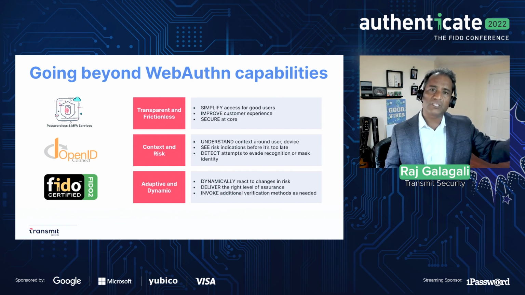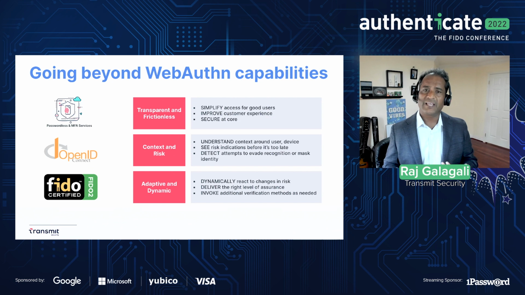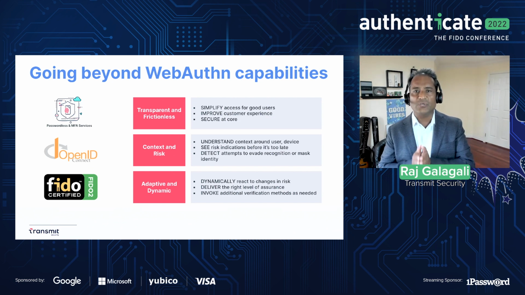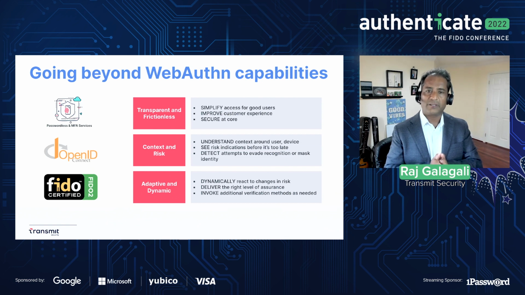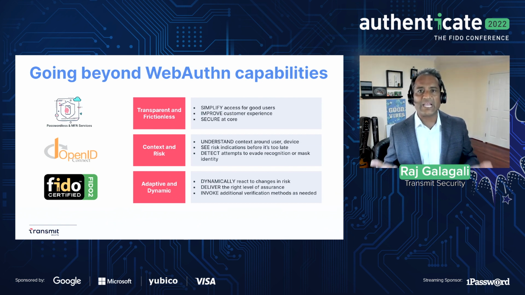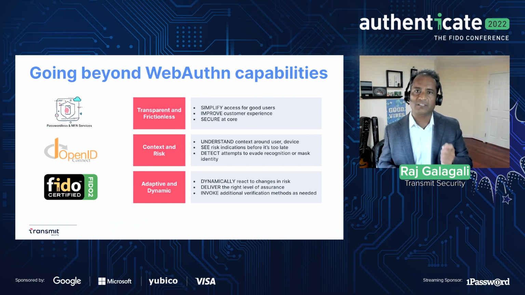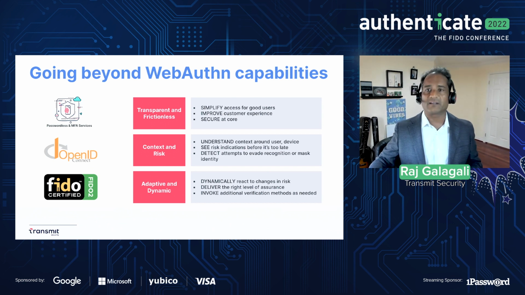Remember, I mentioned the zero trust principles. What that really means is you want to introduce friction or challenge the user when you have enough information at runtime about the underlying risk and trust.